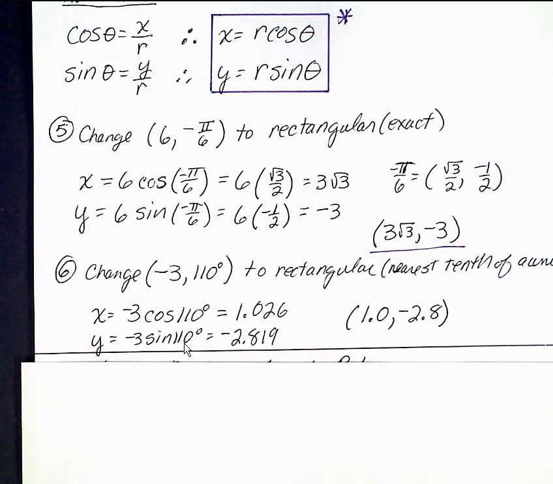But the sine of 110 will be a positive value, so when you multiply it by -3, you're going to get a negative. So (1.0, -2.8) are the rectangular coordinates for this polar coordinate. Notice this is also a quadrant 4 point.